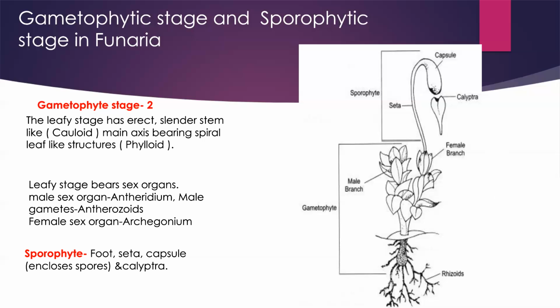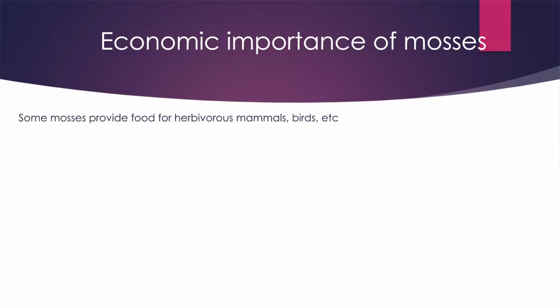Now we see the economic importance of mosses. Some mosses provide food for herbivorous mammals as well as birds. They have a great nutritive value, so are used as food. The second economic importance is that a special species, which is Sphagnum, is used as a fuel.